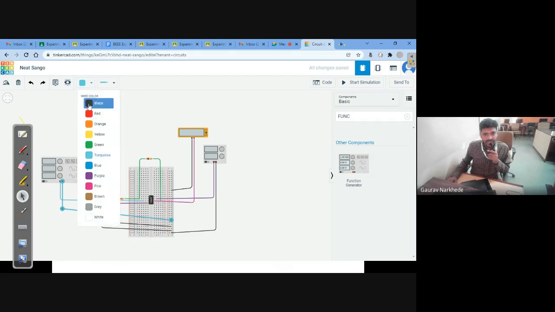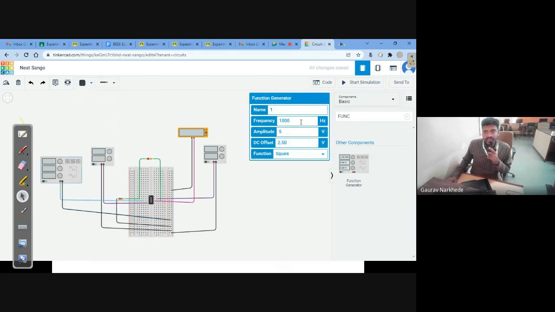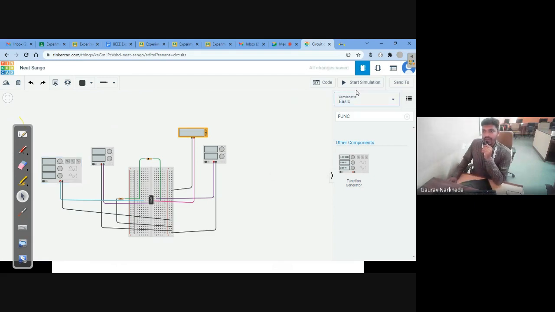I will use black color, and let us say that this is again 0.5 volts, and DC offset I will keep as 0, and this is a sine wave. Okay, and I will just start simulating it. Okay, so this is variable, so we need an oscilloscope here.